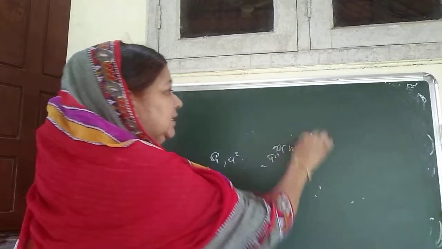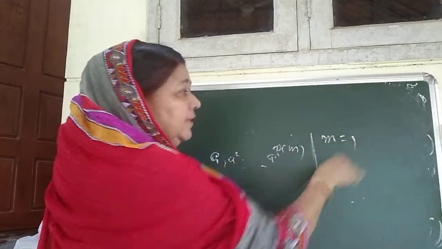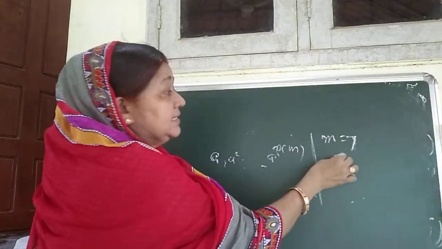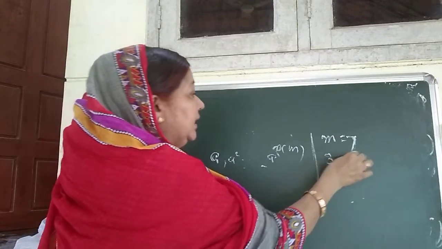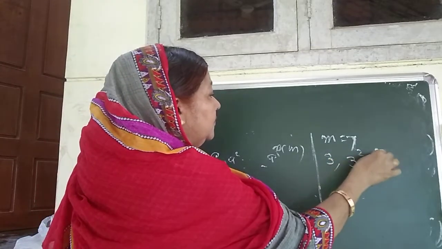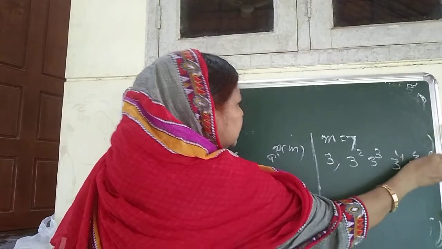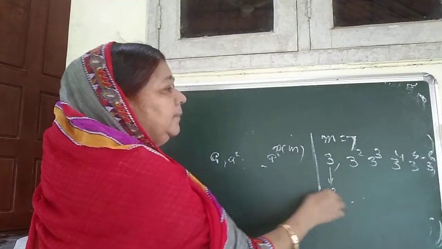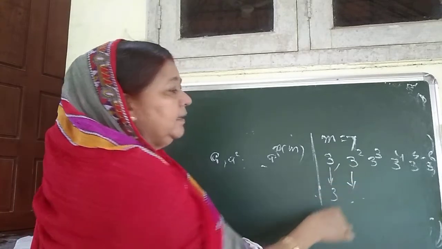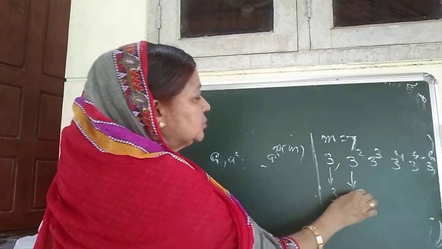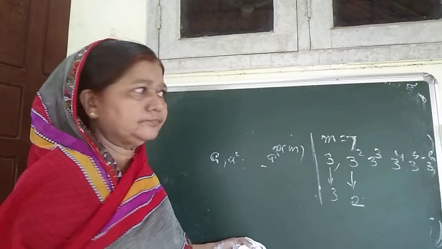We see that for m equal to 7, 3 is a primitive root. Then 3 square, 3 cube, 3 raised to 4, 3 raised to 5 and 3 raised to 6. 3 gives 3, 3 square is 9, 9 modulo 7 is 2.